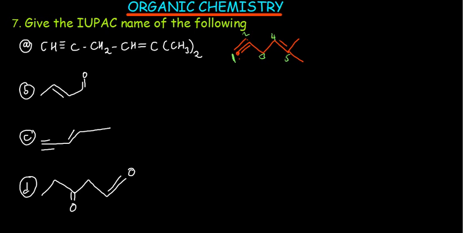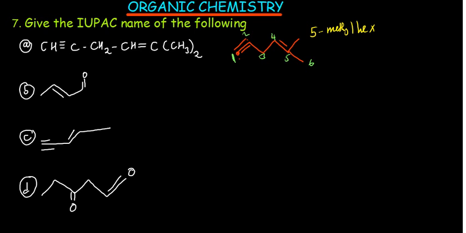Let me say number 6 there. So that means at number 5 we have got a group there. So how do we get to name that one? At position number 5 we've got a group that is going to be called 5-methyl. And then this compound has got 6 carbons, so that is going to be called hex.